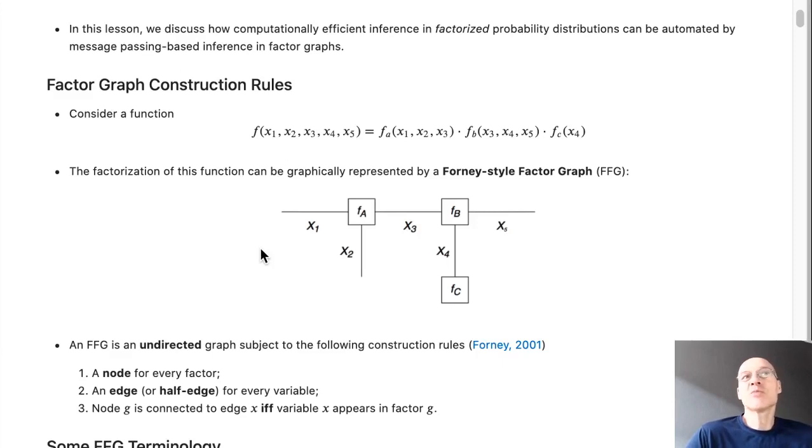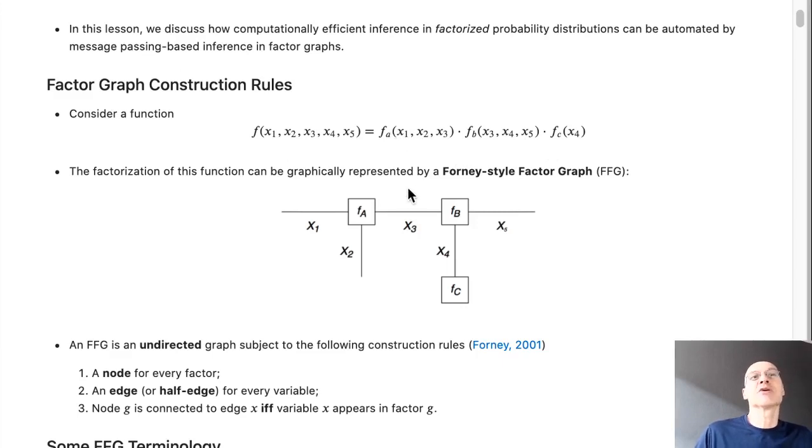Now, is that always possible for any kind of factorization? Well, there is one technical detail here. What if a variable appears in 3 or more factors?